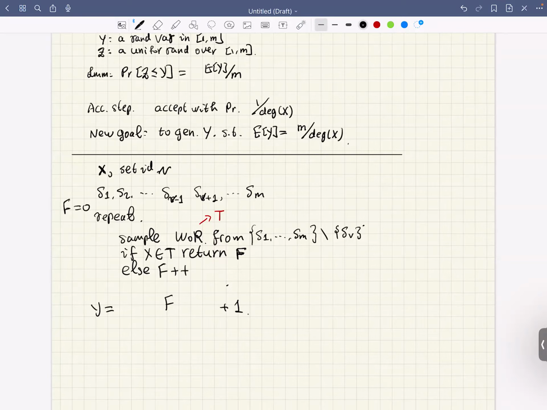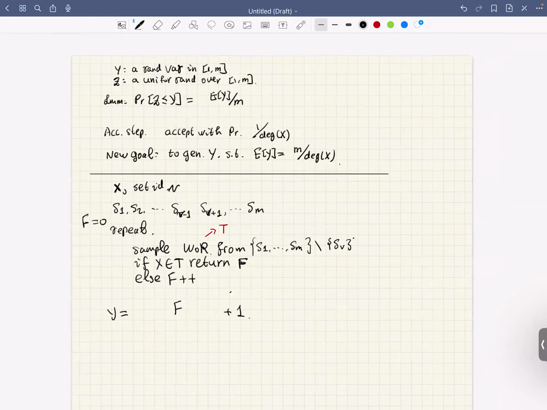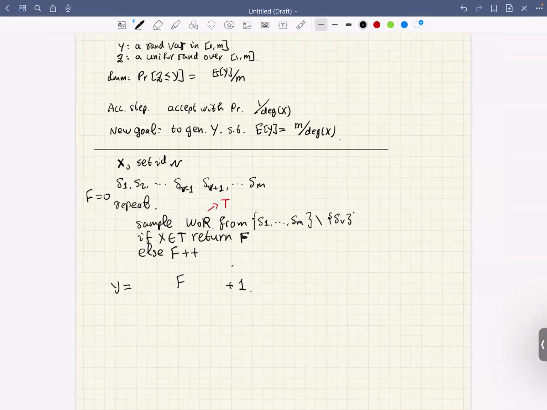I hope this gives you the strong intuition that in general it will be inversely proportional to how many sets contain x. Okay, all right. So that's all the time I have, so let me wrap up quickly.